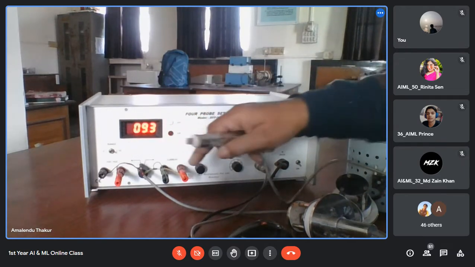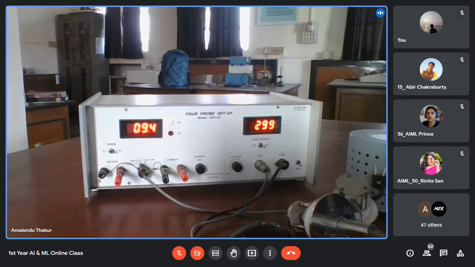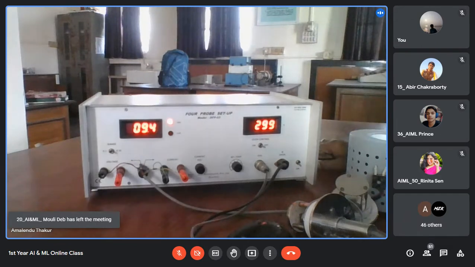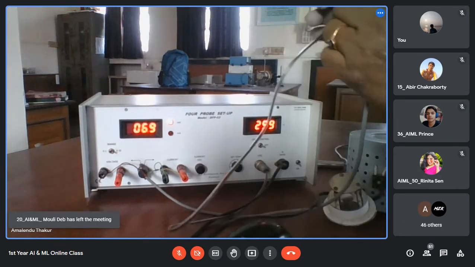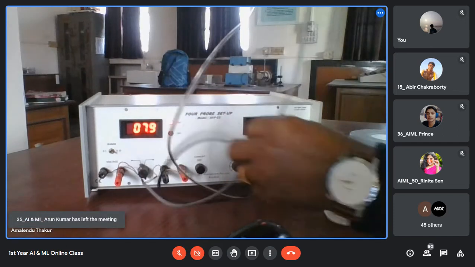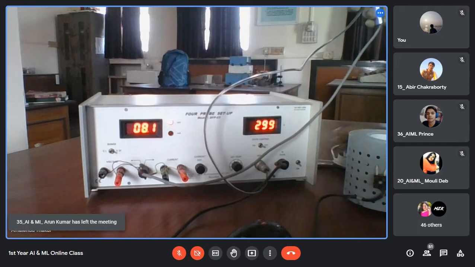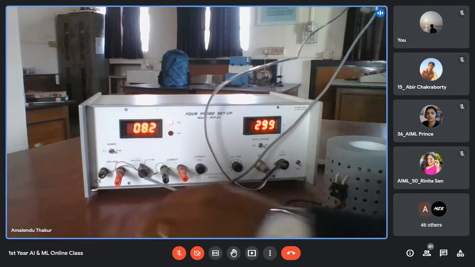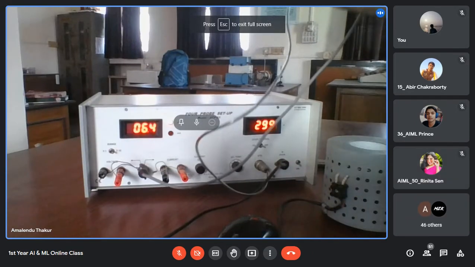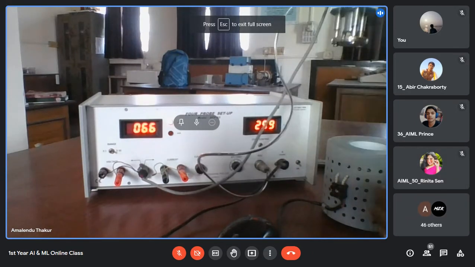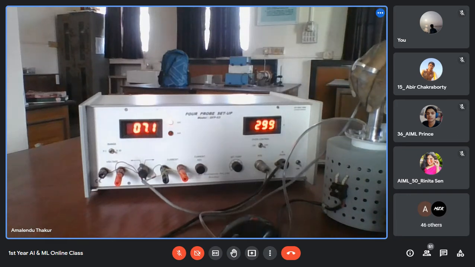Now at normal temperature, first of all, what happened? We place this system, we insert this system within the oven. This is an oven. This oven is also connected with this 4 probe setup. Now we insert the system within the oven like this.